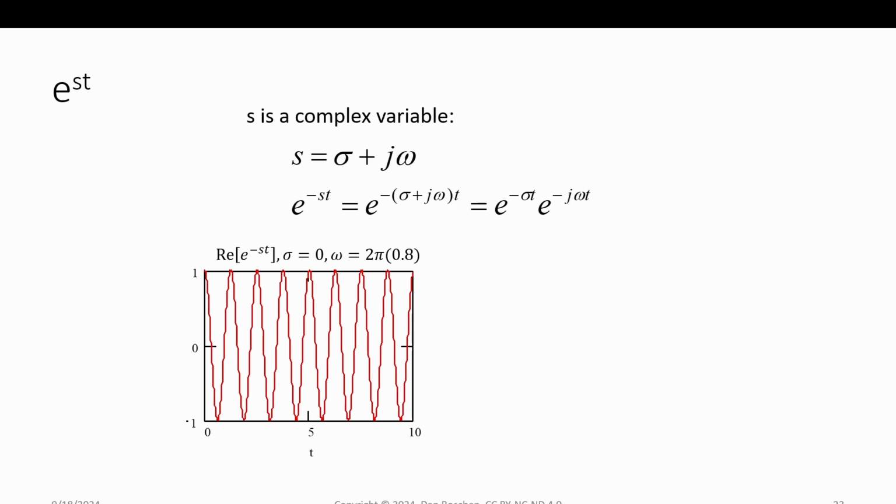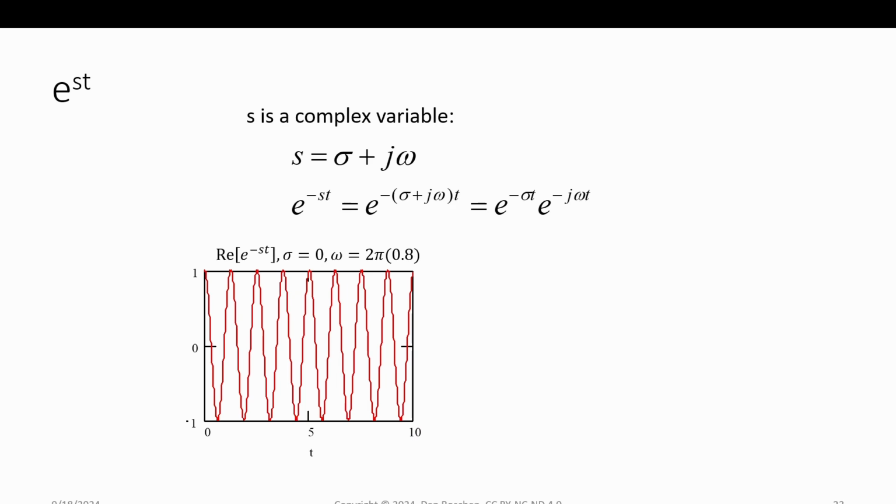So we're pulling out the ability to decay or grow in time times our friend now, the spinning phasor, right? So if sigma was zero, and I take the real part just so I could graph it on one graph, that's all, instead of trying to show you a spiral, then we're seeing the real part of e to the minus j omega t, which is the cosine, right? If s was only complex, if sigma was zero.